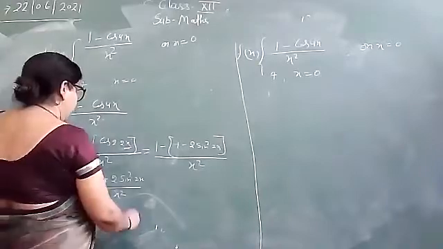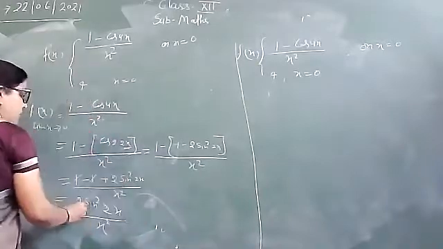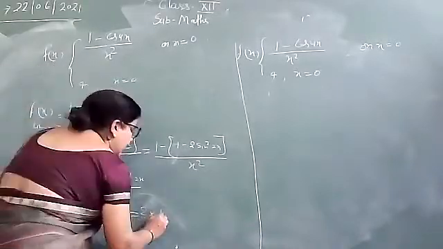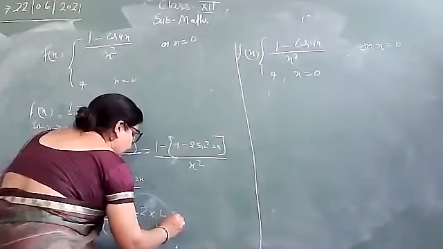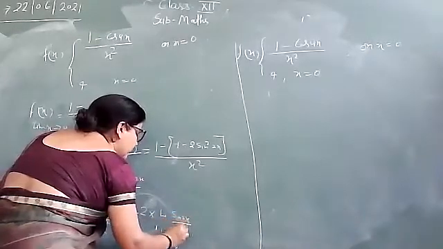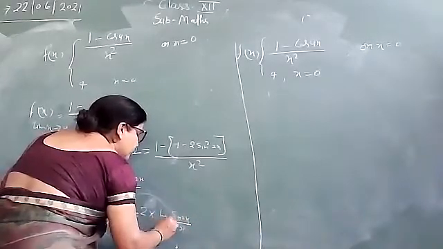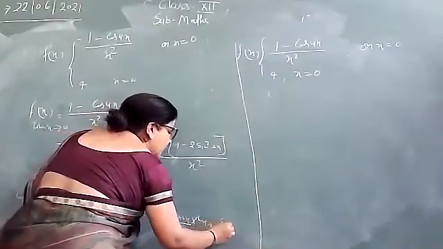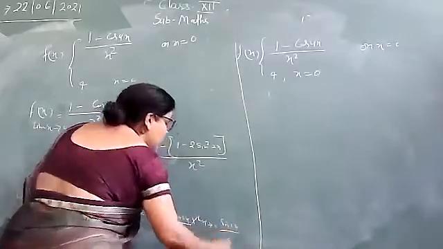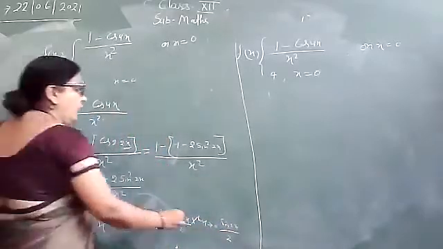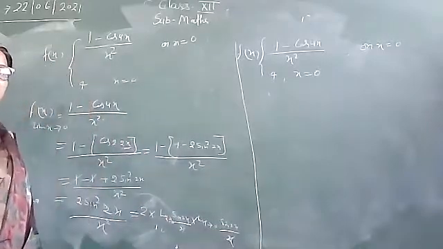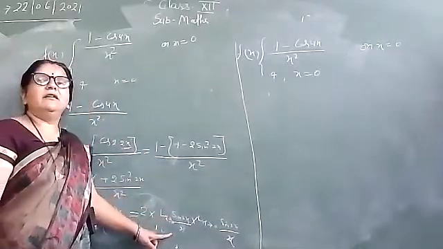Here we take this type: limit x tends to 0 sin 2x upon x, into limit x tends to 0 sin 2x upon x. Everybody knows how we find out this type of function.